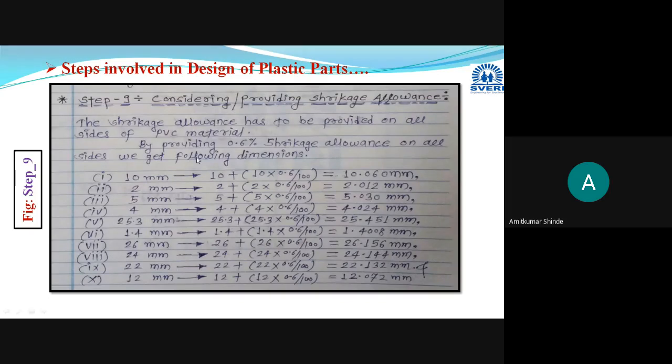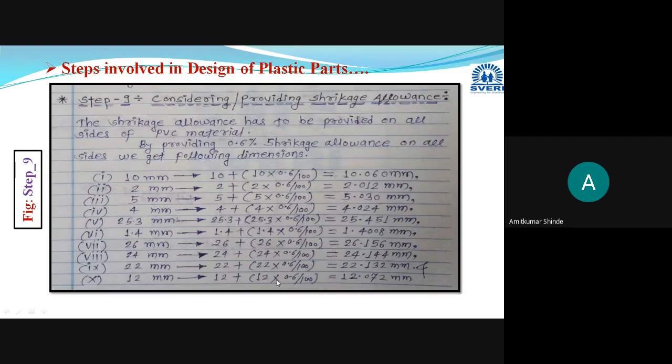These are some simple dimensions. For each dimension, you have to add 0.6% of that dimension, that is nothing but the shrinkage allowance. The shrinkage allowance has to be provided on all sides of that PVC material. By providing 0.6% shrinkage allowance on all sides, we get the following dimensions.